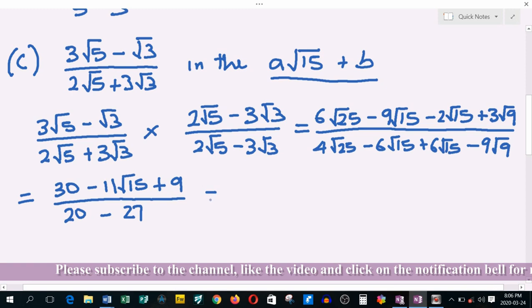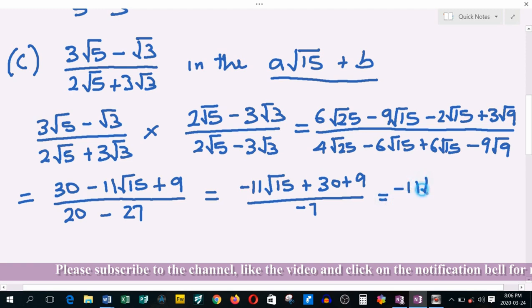So rearranging this, you're going to have minus 11 root 15 plus 30 plus 9 all over minus 7. This will give us minus 11 root 15 plus 39 all over minus 7.